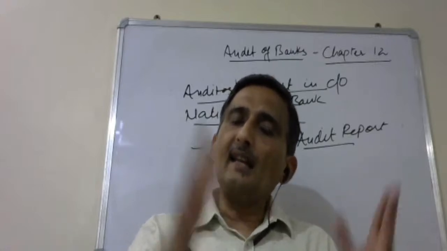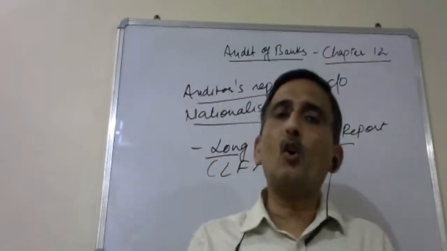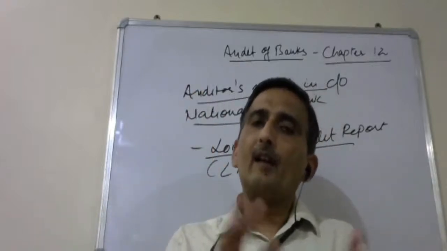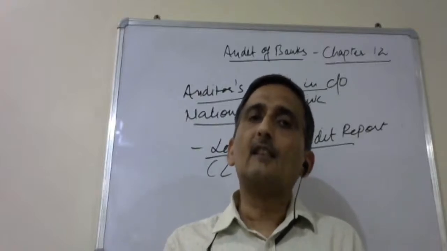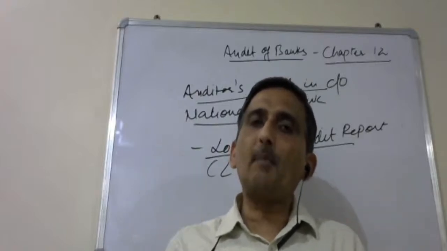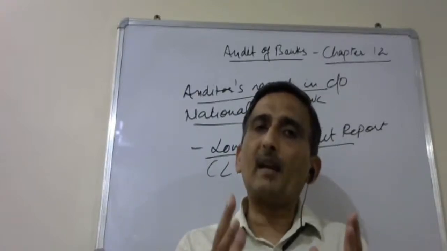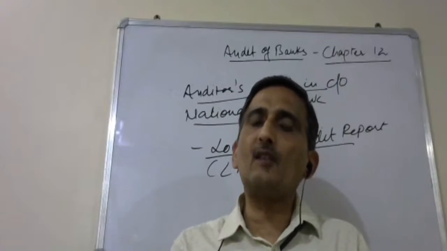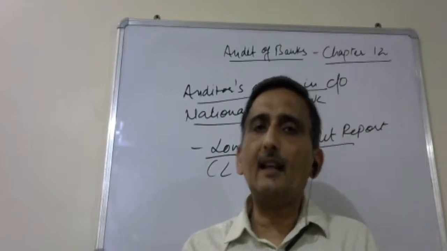So it is a fairly exhaustive kind of report in questionnaire form, in which the auditor has to give his comments. Practically, branch auditors' LFAR is prescribed in consultation with RBI. So that's clear to you guys.